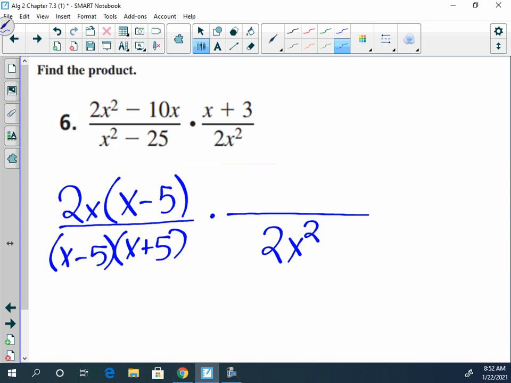Hopefully you'll come to like those because 25 is 5 squared, x squared is x squared, so x minus 5, x plus 5. On top of here, we have x plus 3. Because the degree is 1, it will not factor. Once we get to degree 1, we're done factoring.